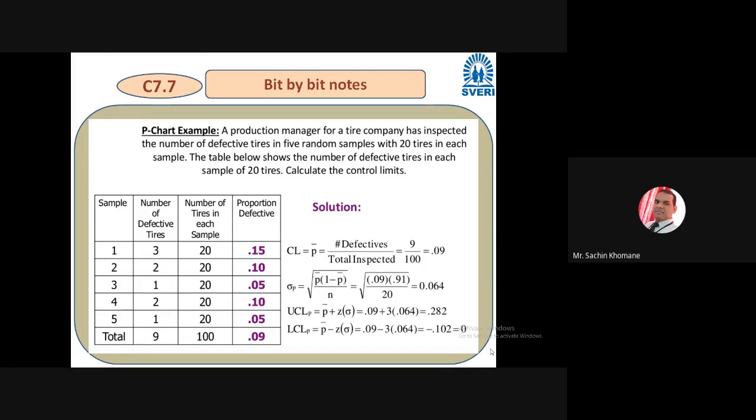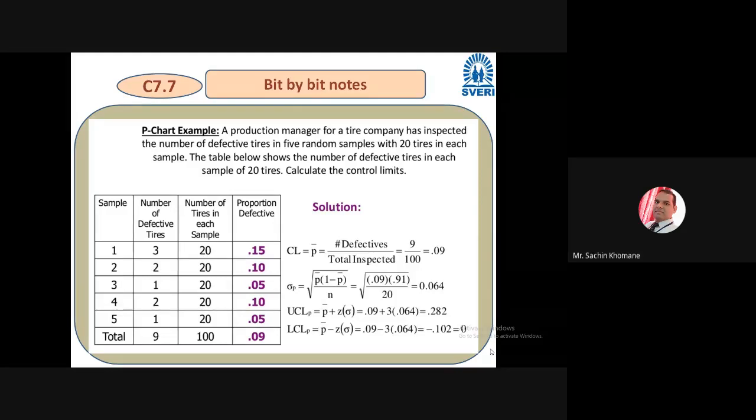For every sample, first you have to calculate proportion defective: number of defective tires divided by number of tires in each sample. 3 divided by 20, how much is it? 0.15, right?